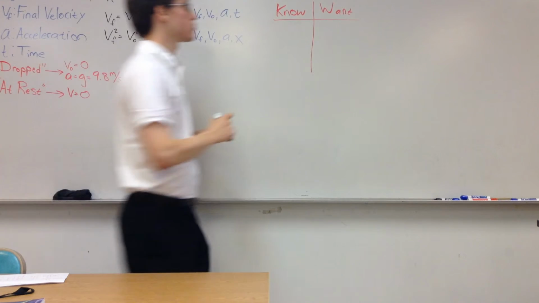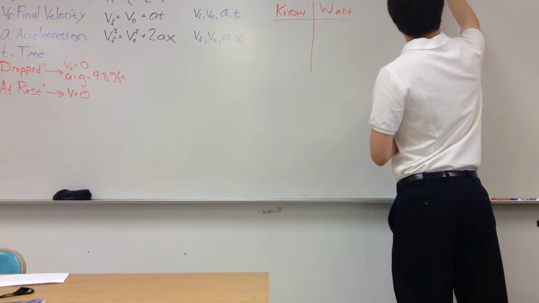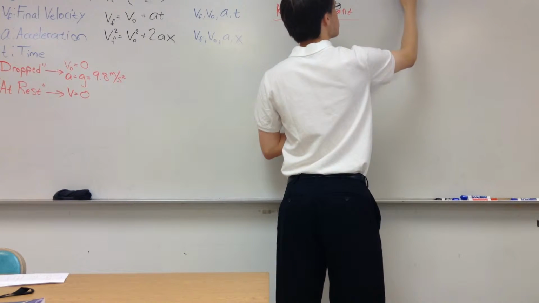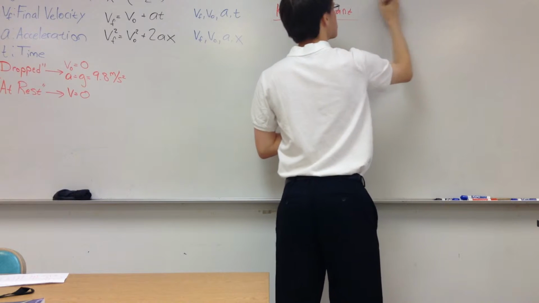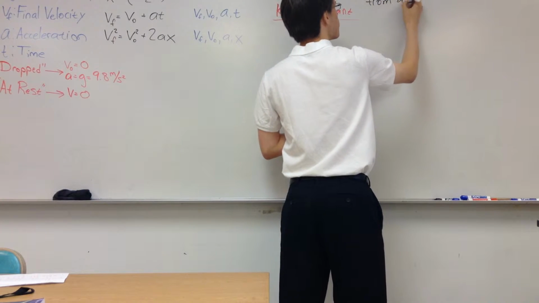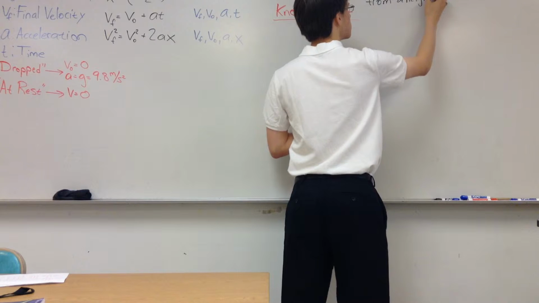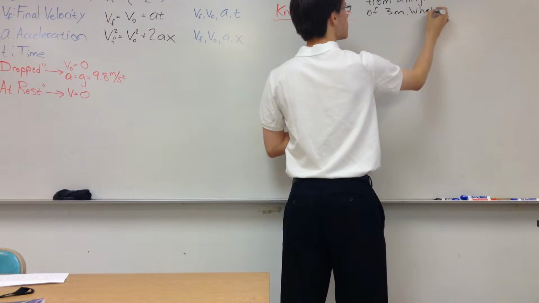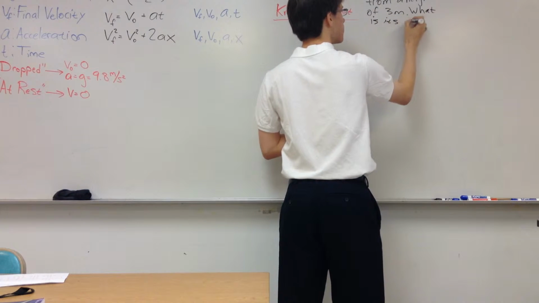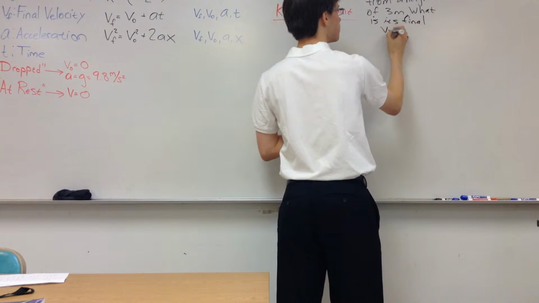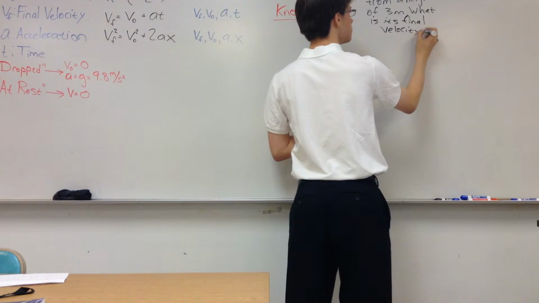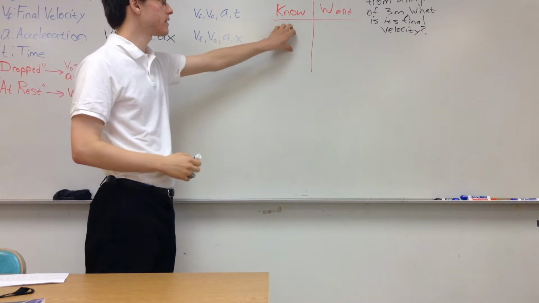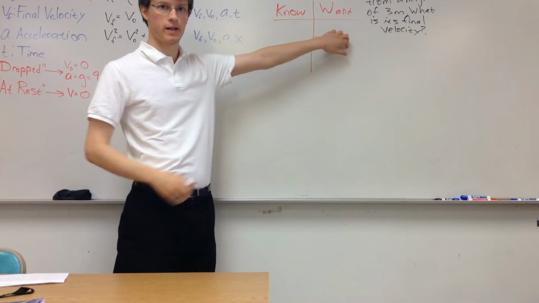Let's say a ball is dropped from a height of 3 meters. What is its final velocity? So, anytime we're doing a problem like this, we need 3 things in the know category and 1 thing in the want category.